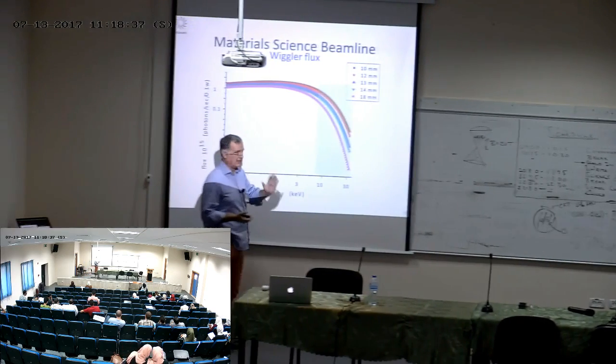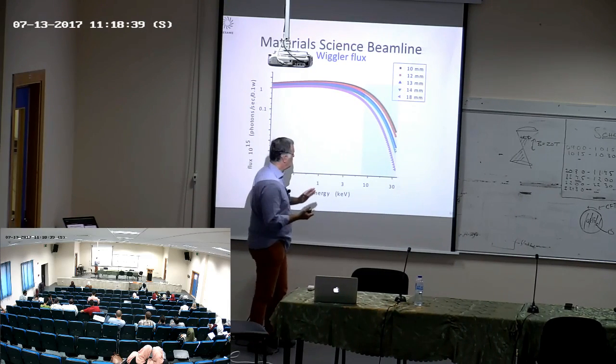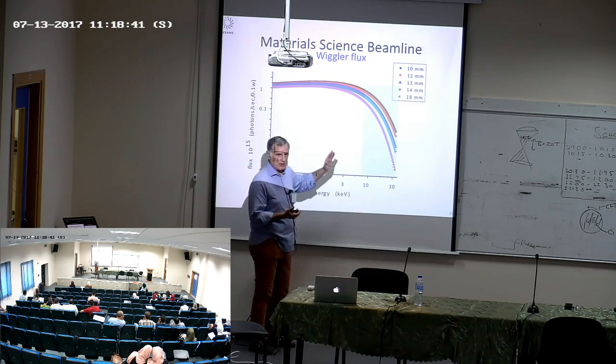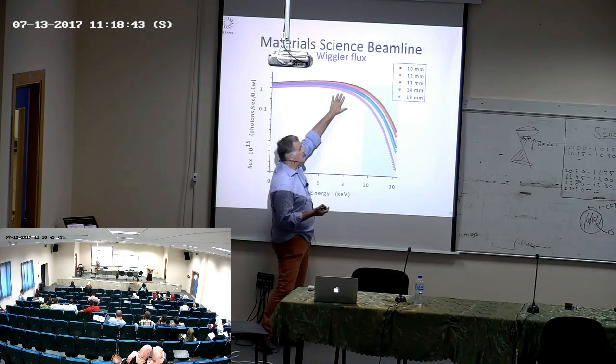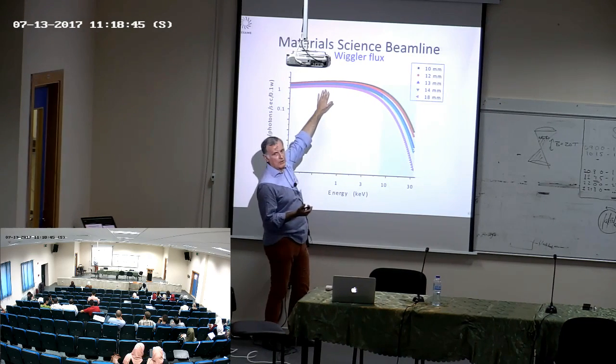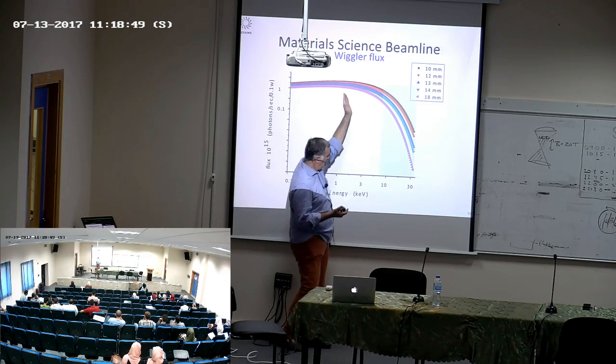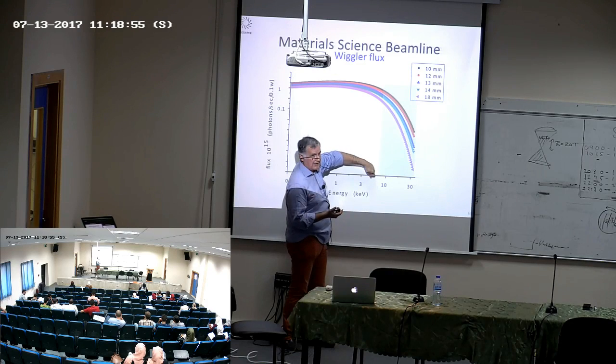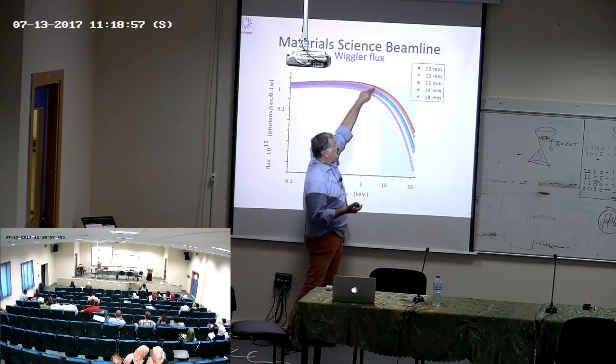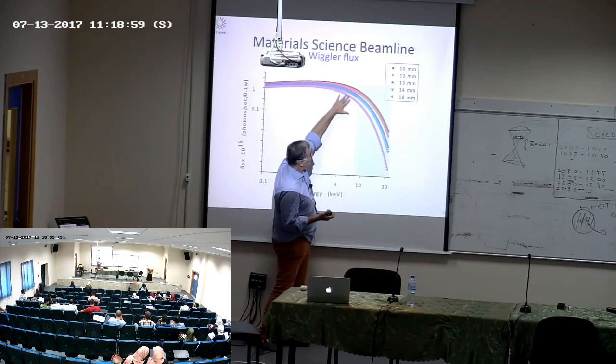Unfortunately, this is the trick about wigglers. Wigglers produce an awful lot of radiation, but most of the radiation is in this part of the spectrum where you don't want it. In this particular case, the energy of the beamline is going to start at about 5 keV, so about here, or even higher than that.